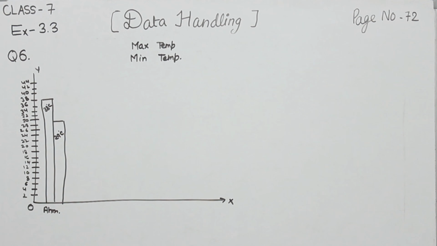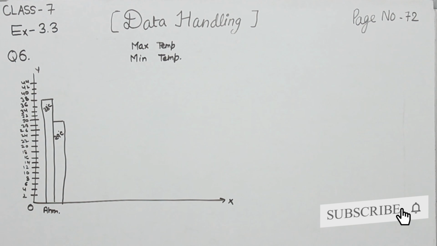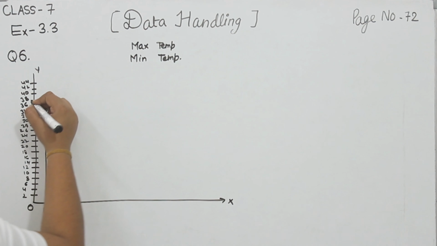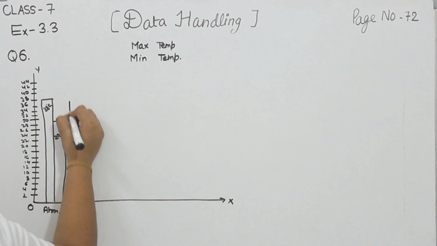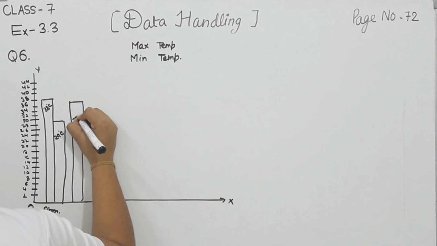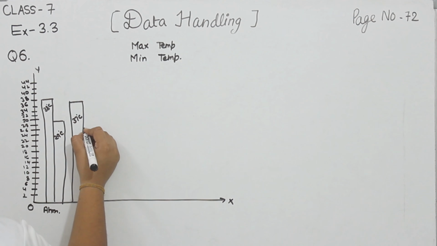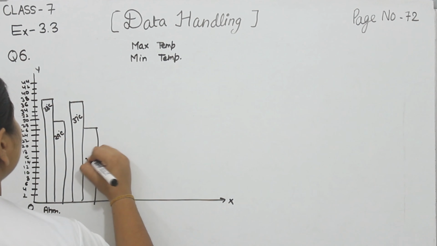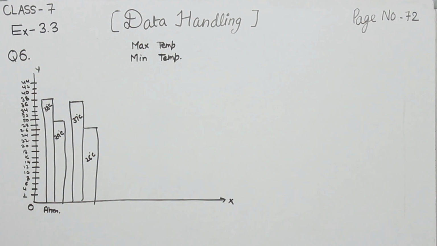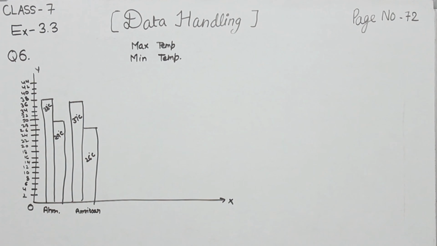The maximum temperature is 37 degrees Celsius and the minimum temperature is 26 degrees Celsius. So this one is 37 degrees Celsius and for the minimum it is 26, and this is the temperature of Amritsar. Now come to the third city, Bangalore.